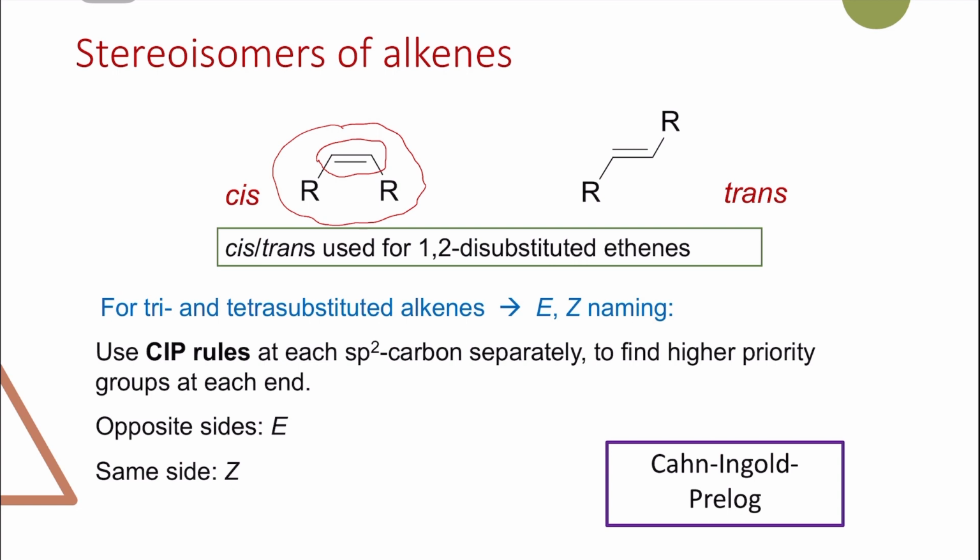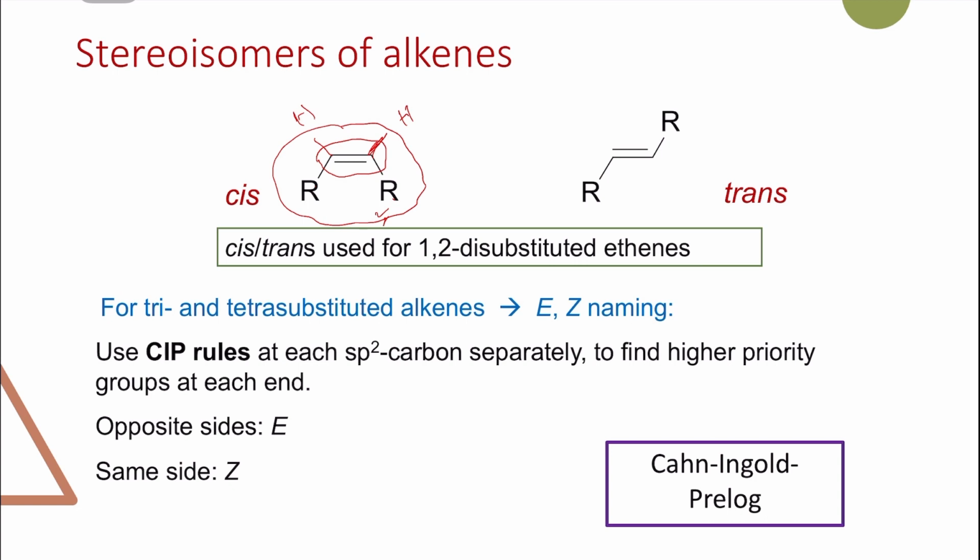This double bond has an R and, of course, a hydrogen here. The other carbon as well has an R and another hydrogen. That means it has two different substituents on each carbon.